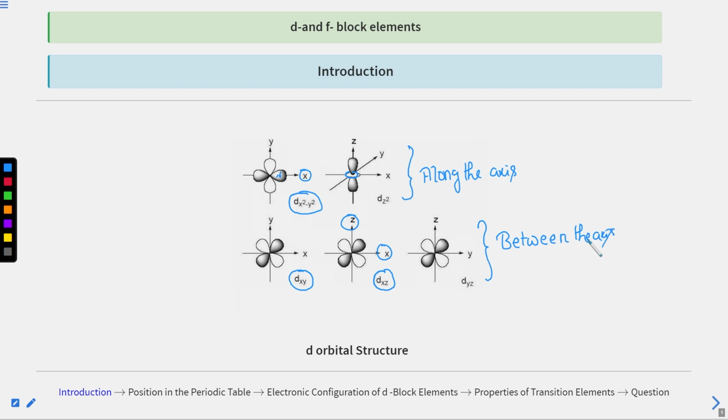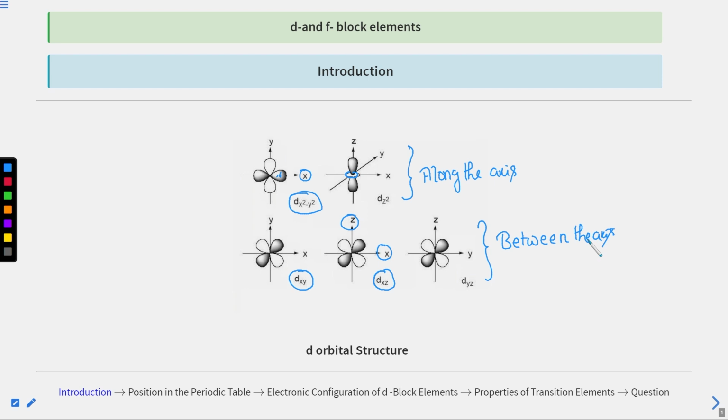We are studying D and F block elements, so we should be aware of the D orbitals. The F orbitals have a very diffuse shape, and we don't need to talk about them, so I have not mentioned the F orbitals here.